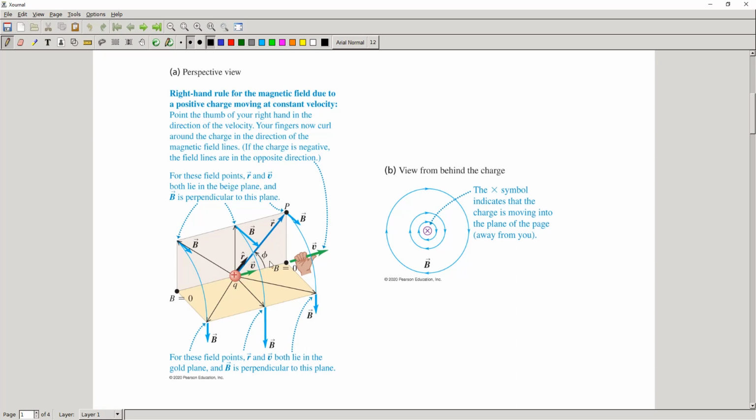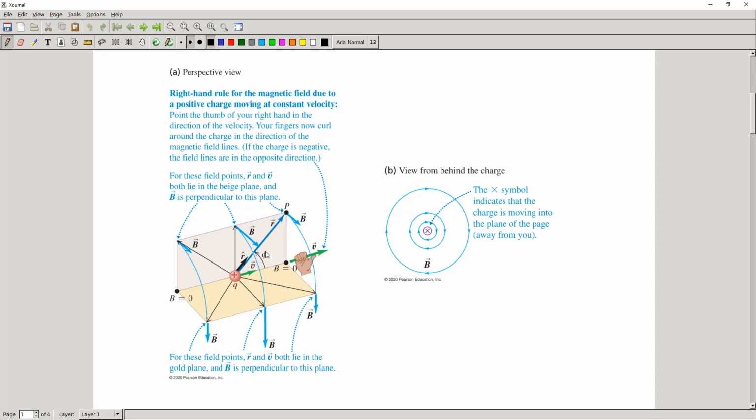Our vector is R here, and it points in the R hat direction. If we take a look at the diagram here, we can see that if we line our right hand up in such a direction that our thumb is pointing in the direction of the velocity, then the fingers of our right hand are going to curl in the direction of the magnetic field.